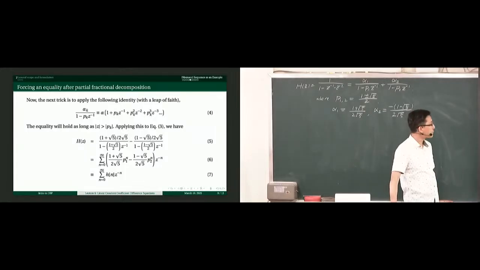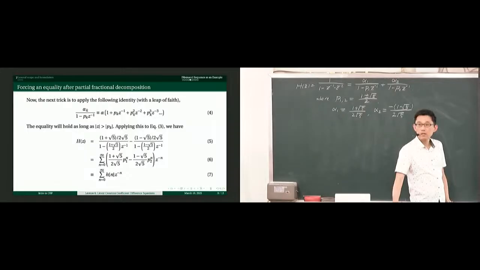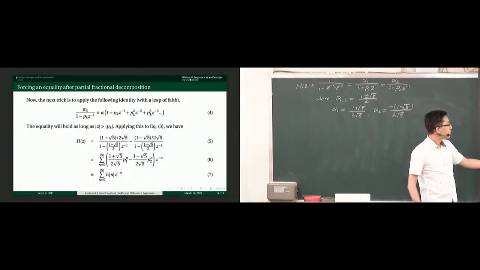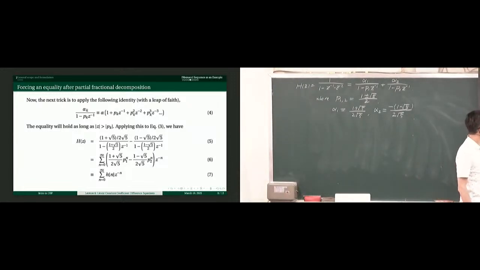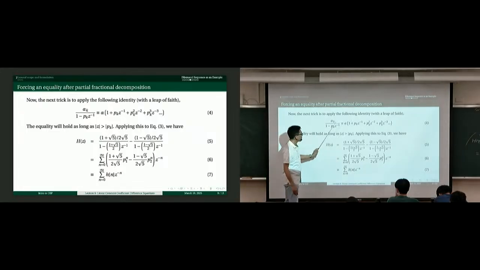That's because as long as this factor has an absolute value that's less than 1, then the identity holds. So this identity holds under a certain condition. It will hold if and only if the absolute value of z is greater than the absolute value of pk. But when this happens, indeed, we have the identity, okay?